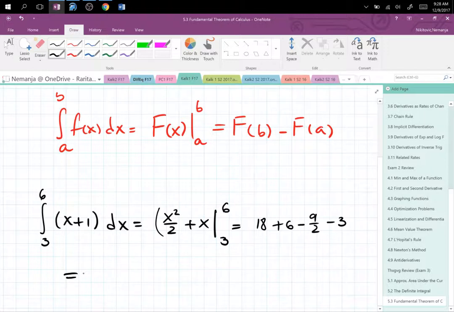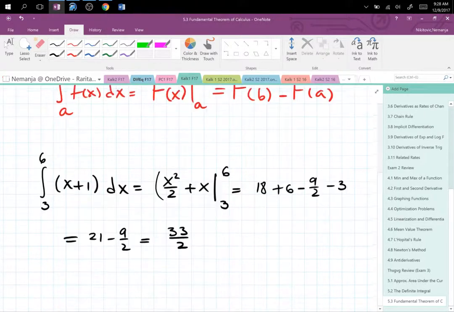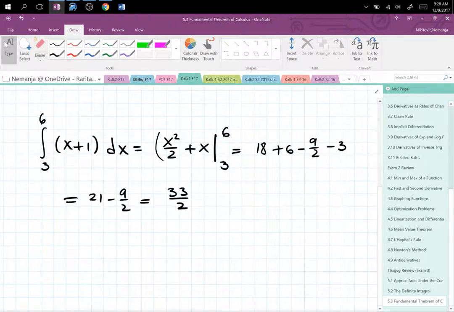So 18 plus 3 is 21, minus 9 halves, and then we have 42 minus 9 is 33 over 2. What happened? No. No. All right. I forgot about the negative 3 thing. Oh, okay.